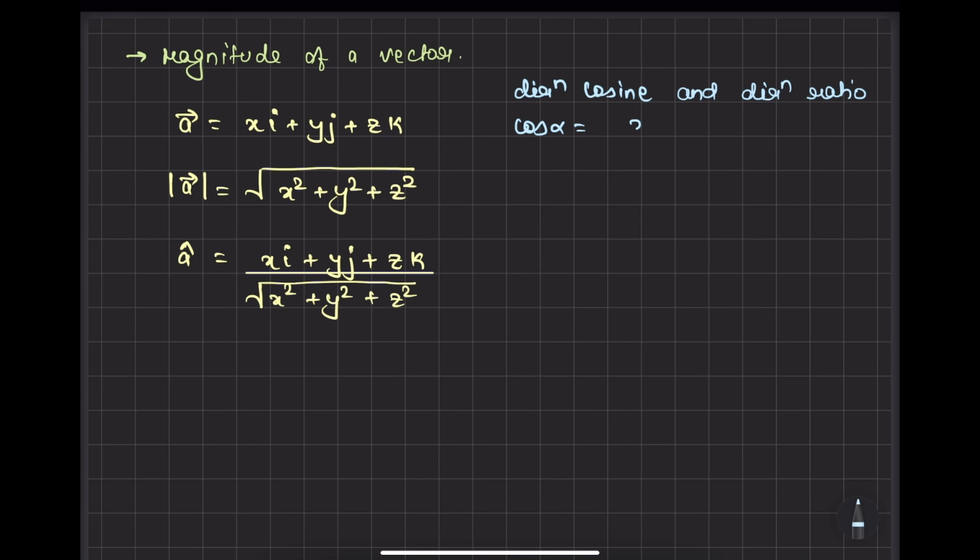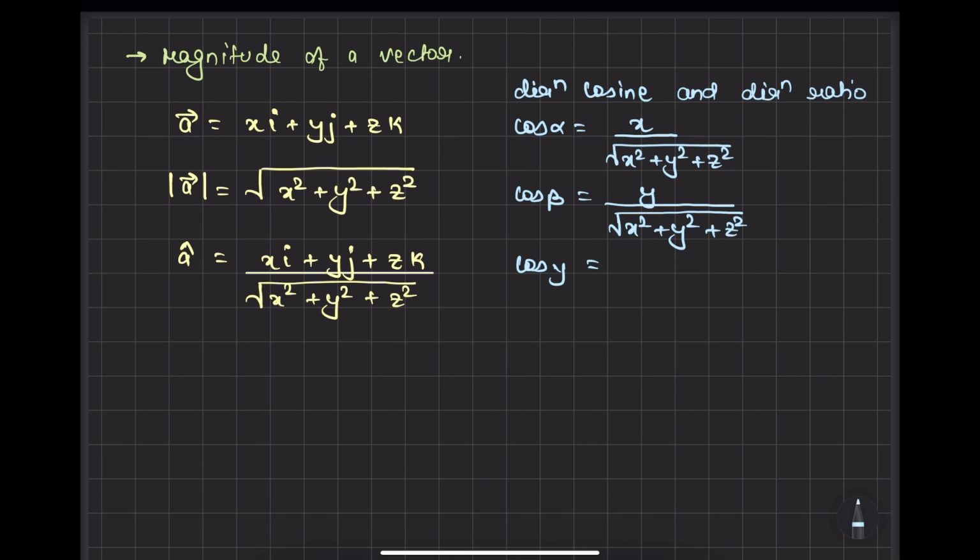So this is x by root over x square plus y square plus z square, then cos beta along the y-axis is y by root over x square plus y square plus z square. Then we have cos gamma along the z-axis, z by root over x square plus y square plus z square.